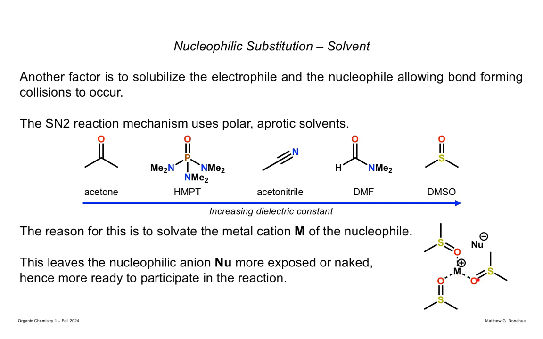Because the solvents are polarized, the negative charge will help stabilize that positive charge. And even though this is a cheap drawing, if you think in 3D, there's a lot of solvent molecules around that metal. And so if they're solvating the metal, that means the nucleophile is further away, and it is then able to supply its electrons to do the reaction.